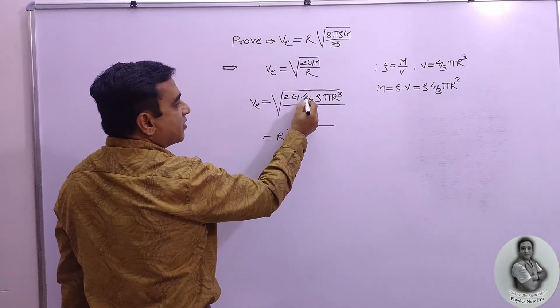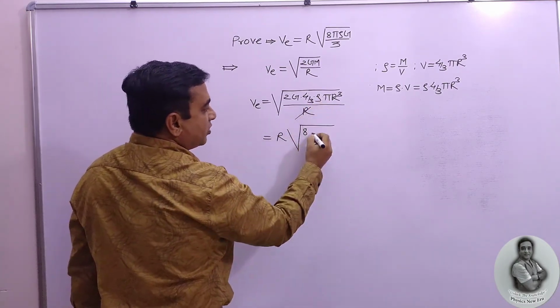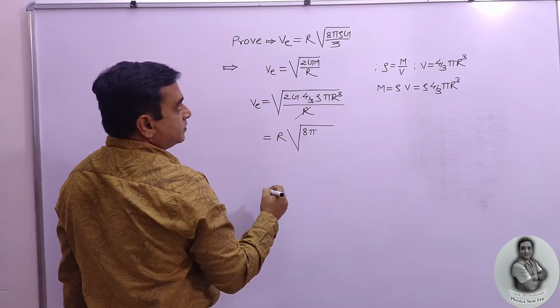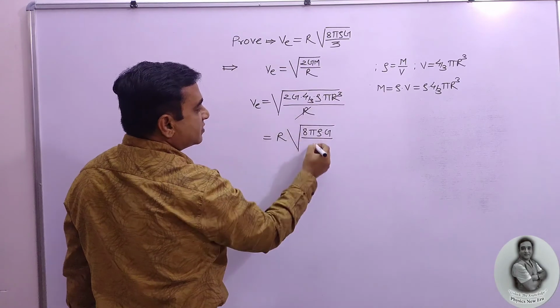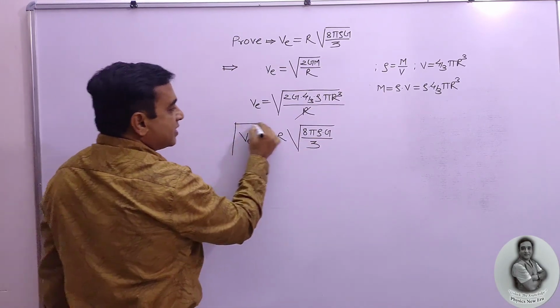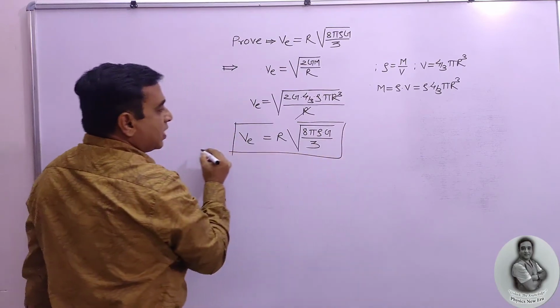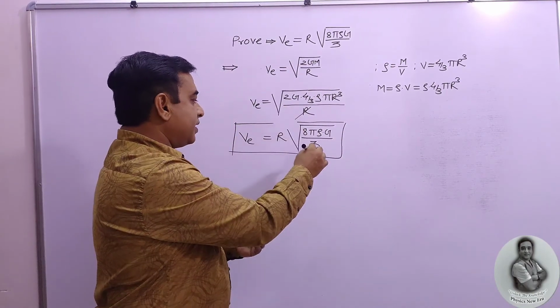The remaining factors are 4 into 2, 8, then pi, then rho into G upon 3. Means escape velocity is equal to R into under root of 8 pi rho into G upon 3.